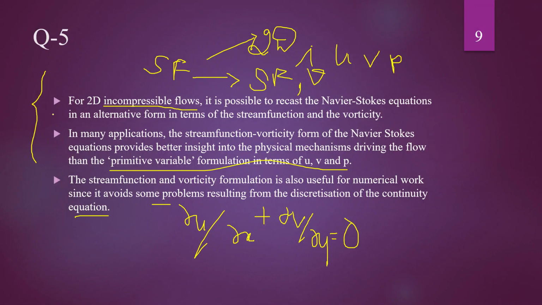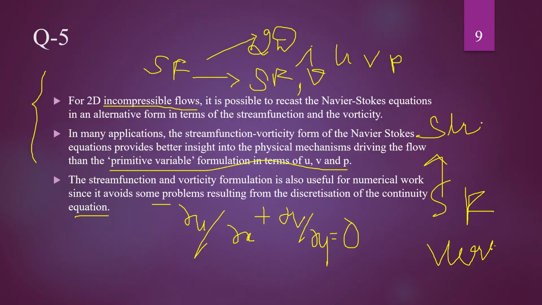Vorticity just measures the rotation of the fluid, or basically it is the curl of the velocity. So basically we have two things, the stream function and the vorticity. The stream function is a function used to represent the streamlines.